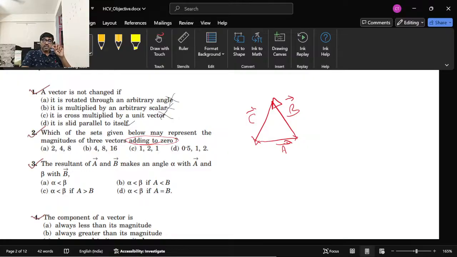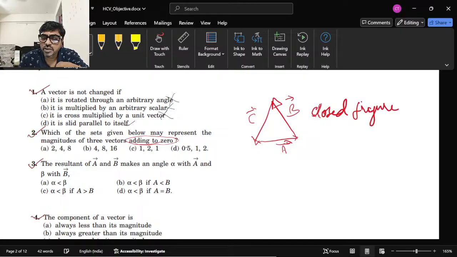When they match, you will get a closed figure. Whenever net force is 0 or the net vector summation is 0, you must have a closed figure formed. When you have three vectors forming a closed figure, it is going to be a triangle.